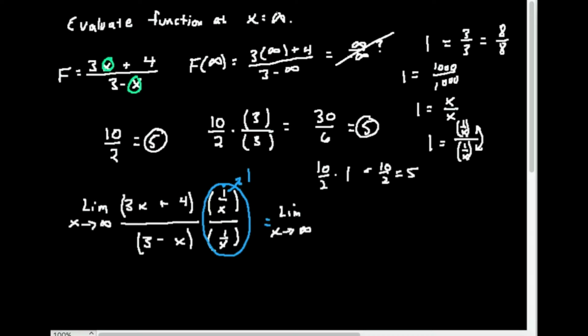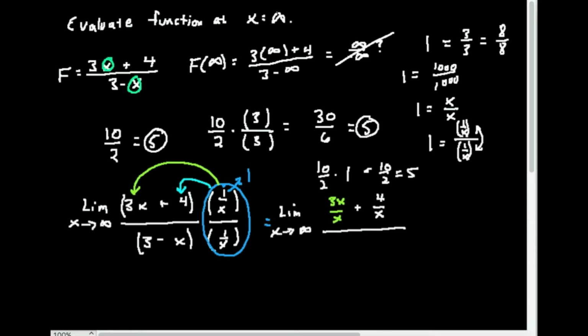All right, so I'm going to take this top 1 over x, and first distribute it to this 3x. So this is going to be 3x divided by x. And then I'm going to distribute this 1 over x to this 4, right? So it's going to be 4 times 1 over x, or 4 over x, right?